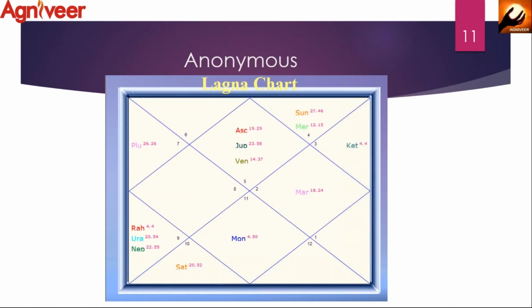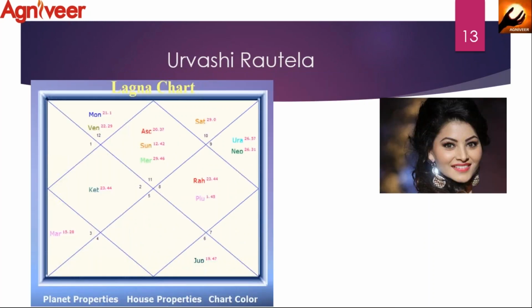One of the practical examples: so far I have taken only anonymous ones. Let me take some of the cases that you have seen so far. This is the horoscope of Urvashi Rautela.